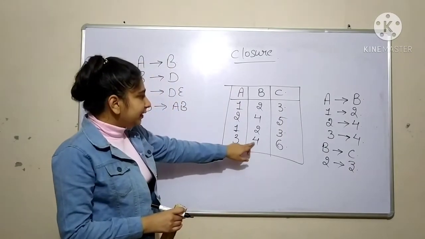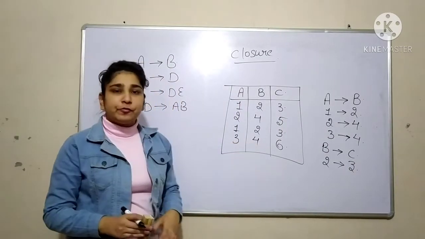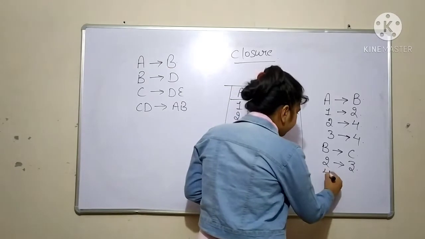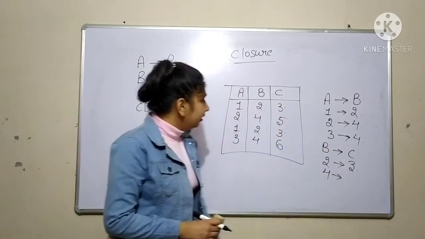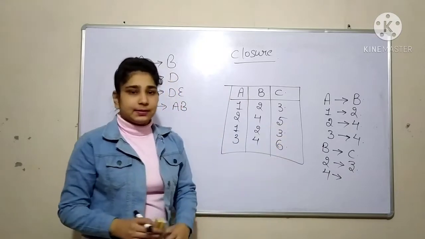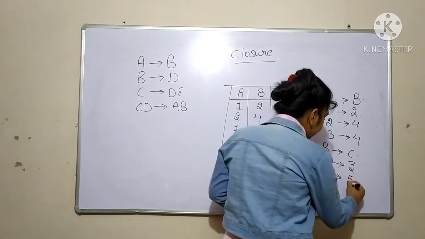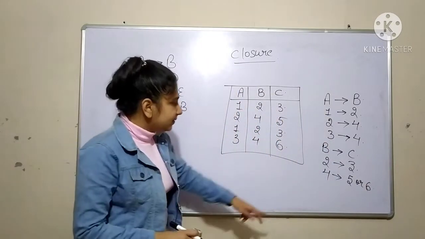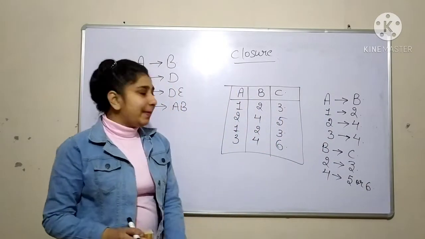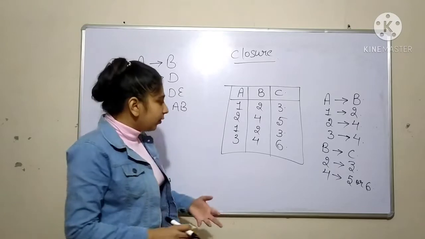If you are given value of B as 4, what is the value of C you are getting? 5 or 6. So that means the B to C functional dependency is actually wrong.